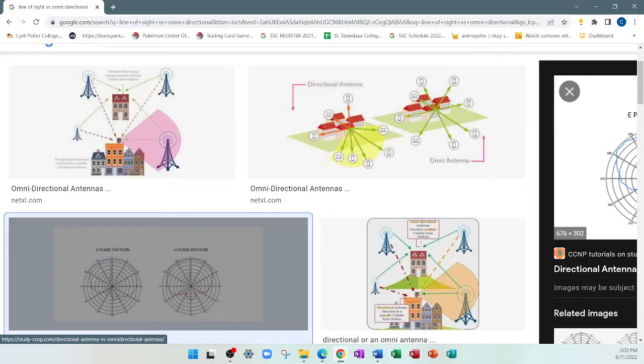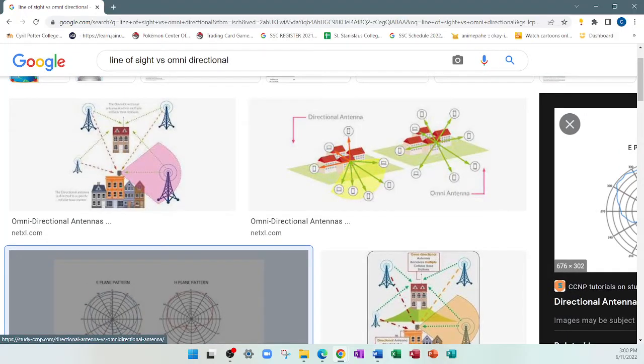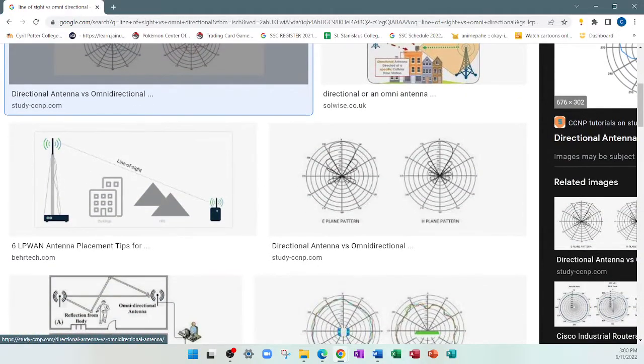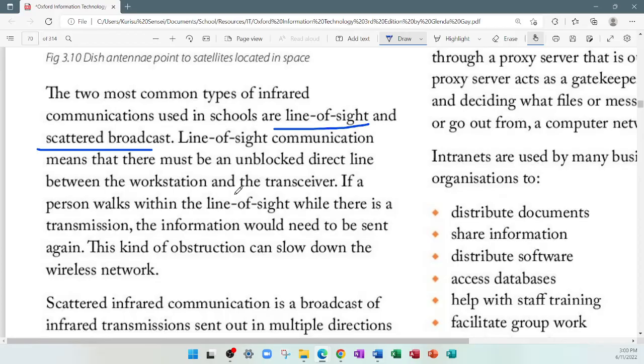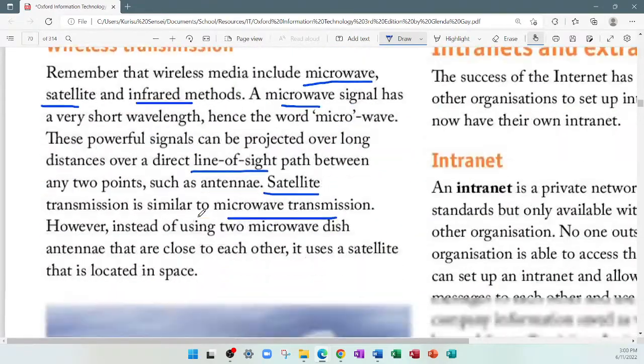But the disadvantage is that the range is going to be shorter, because it's using its strength to send the signal around in 360 degrees, so it can't send it that far. If it was directional, it would be able to focus that signal in one direction, hence it will be sent much farther away. So that is the advantage and disadvantage of those two types of signals.